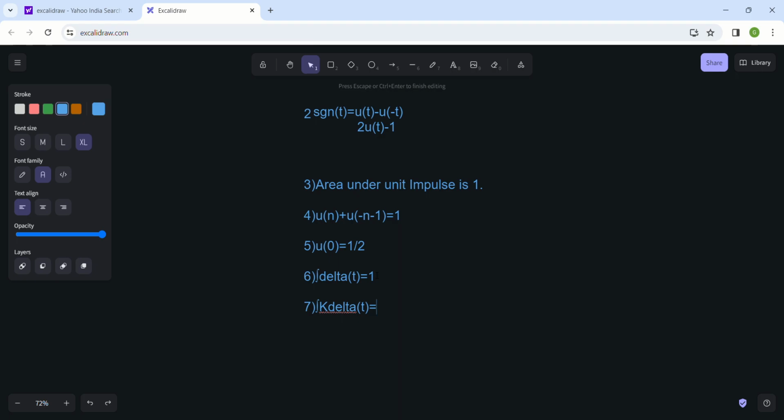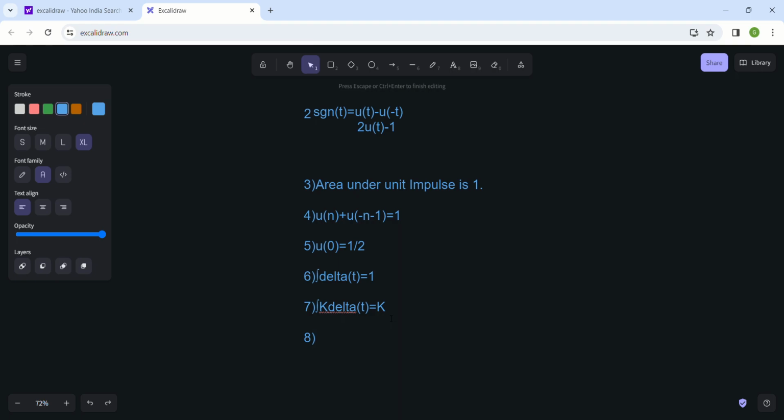That means the area under the unit impulse function is 1. Now if I multiply with constant k, the area is k. If I multiply with n, the area is n. If I multiply with 2, then the area is 2.